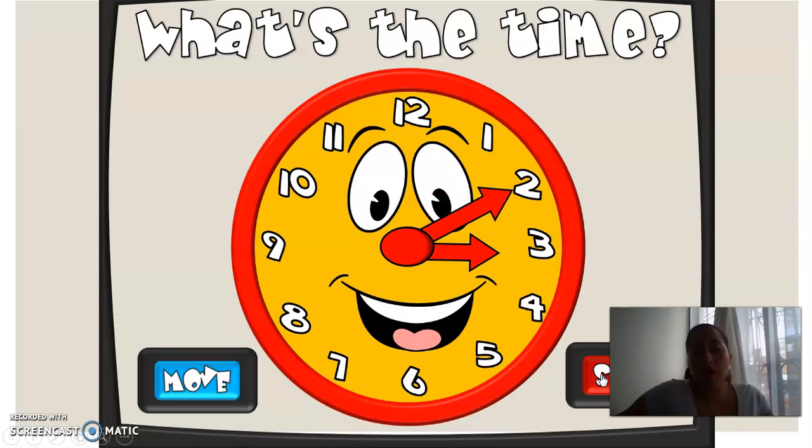Stop clock. Okay, what time is it? It is 10 past 3. 10 minutes, 10 past 3. Son 10 minutos pasadas las 3. Eso significa las 3:10. Okay, continue with another.